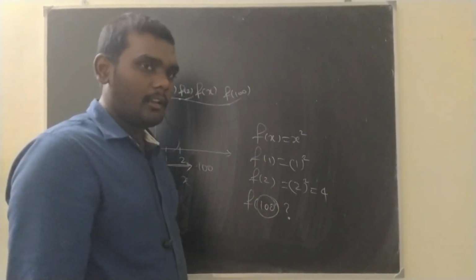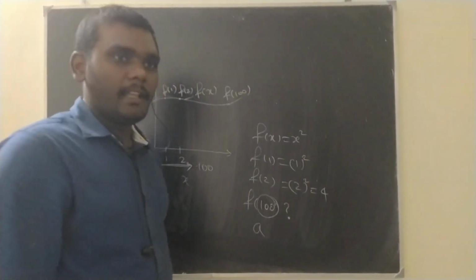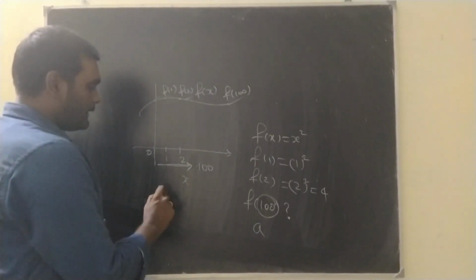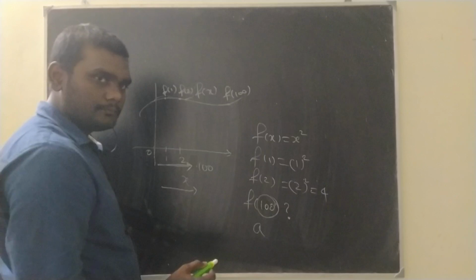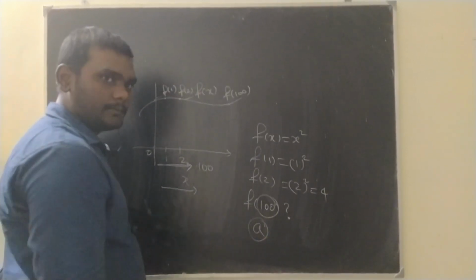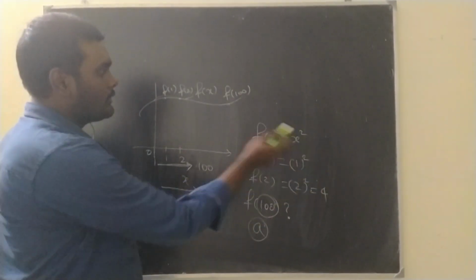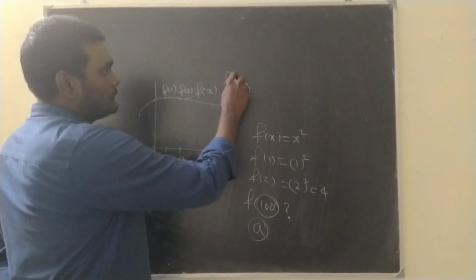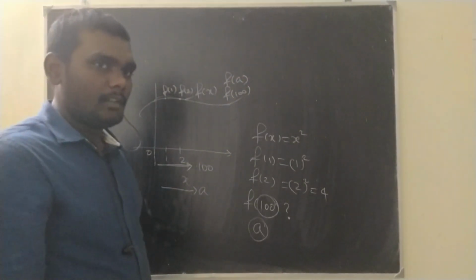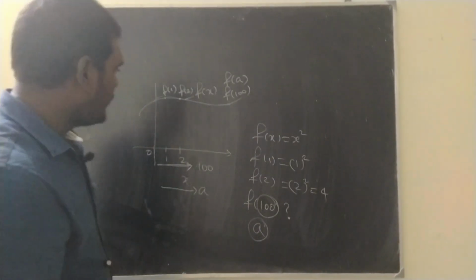In general, we'll say a point A. Then x approaches 100, generally A. X approaches A means f of x should approach f of A. That is how you say the definition of continuity at a point.